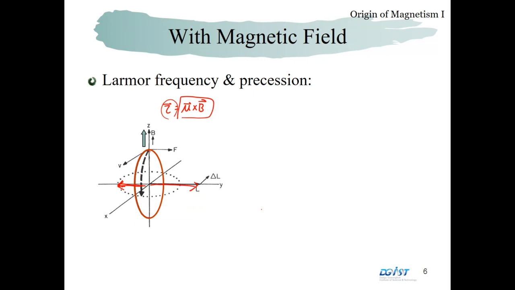If you think about the motion of the electron at this point, it has a certain amount of force here, and the electron here has a force in this direction. Because the velocity is v, it is in the opposite direction. So as a result, they start to rotate.